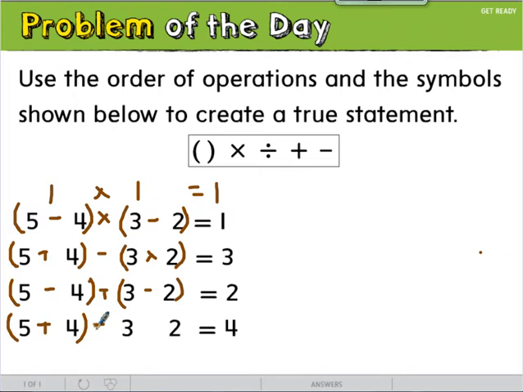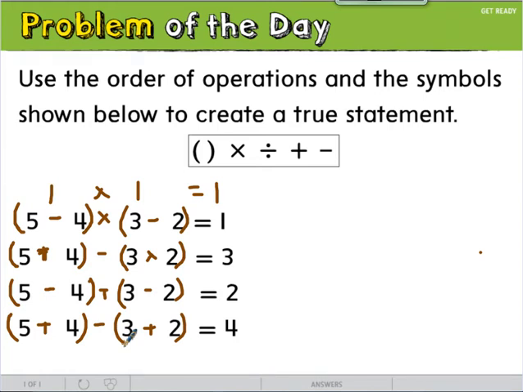But when we added, we did that one up here, and we added 5 and 4 and got 9, and subtracted 3 times 2, we got 3. So we can't subtract 3 times 2. 3 plus 2? Right. So we can subtract that. So 9 minus 5 equals 4.